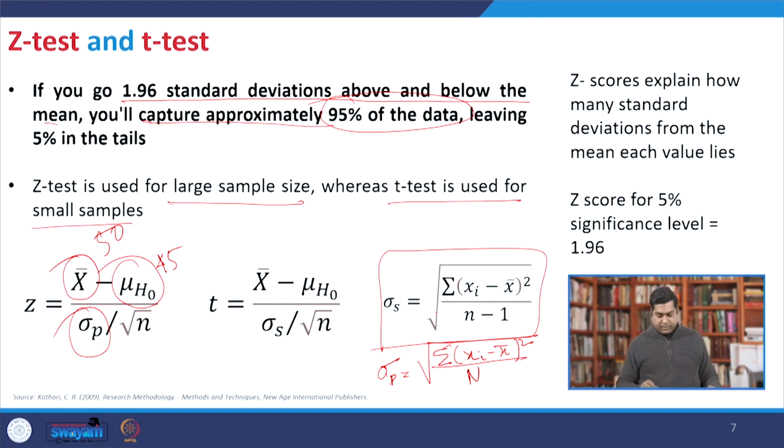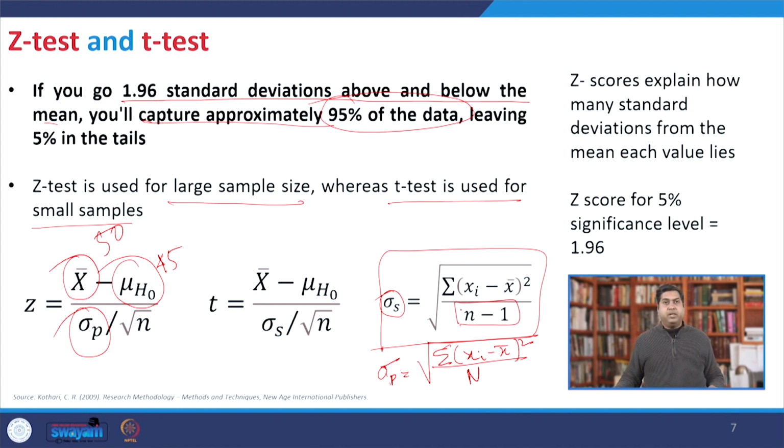In this case what you do is make the sum of squared differences, the variance, and then divide it by the sample size, and normally in a small sample we go for n minus 1. That is basically the variance, and standard deviation, as I already discussed earlier, is the square root of the variance.